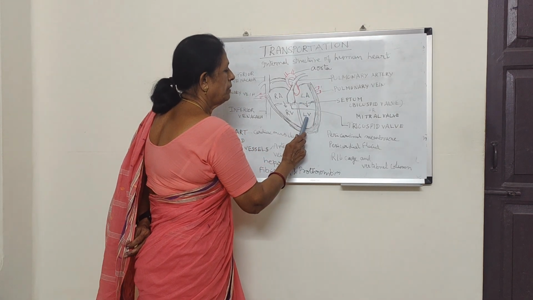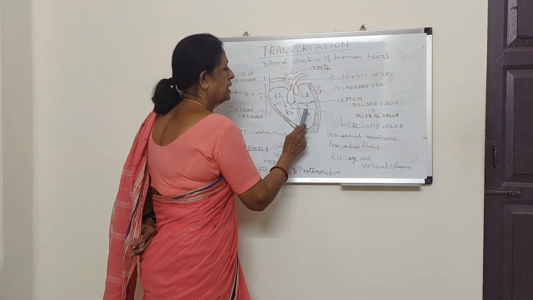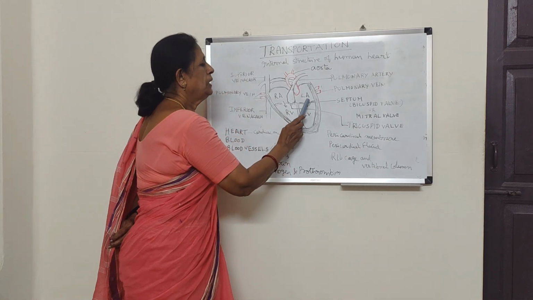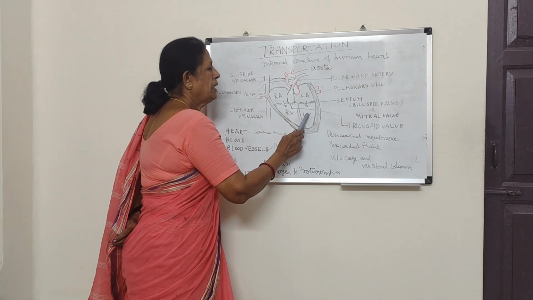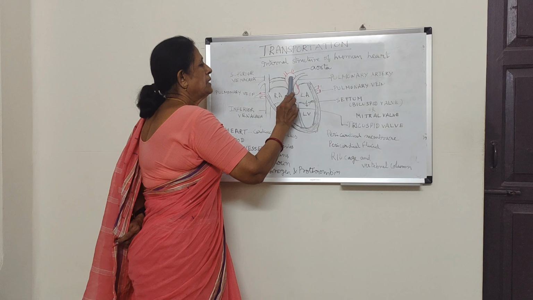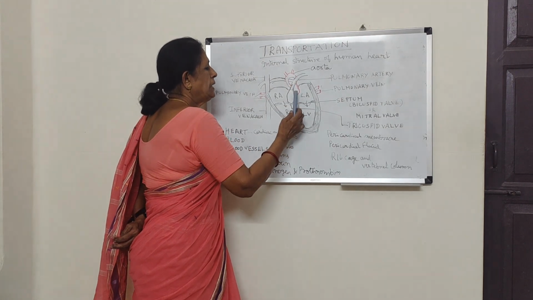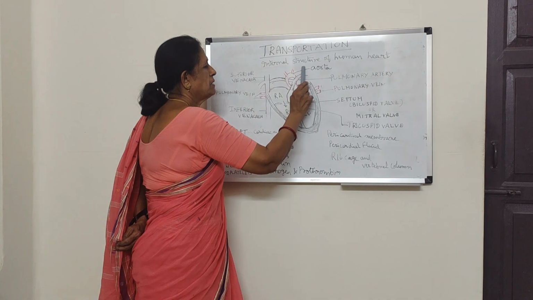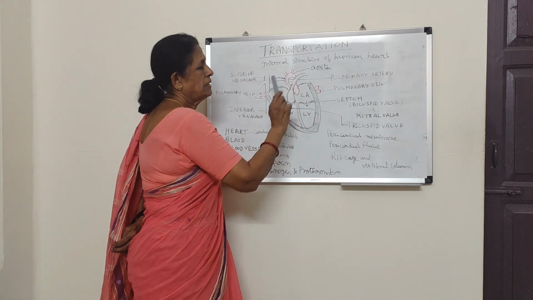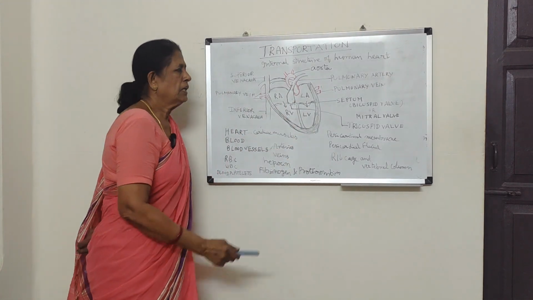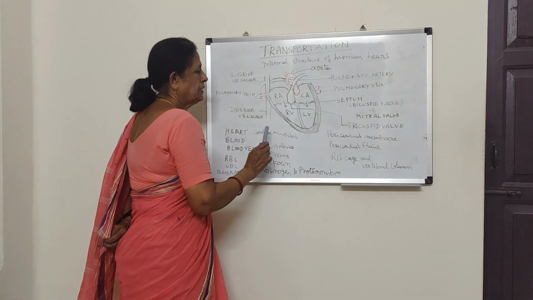From the left atrium, the blood goes to the left ventricle. There is no backward flow of blood, only unidirectional. From the left ventricle, the blood is collected by the aorta, the largest artery, and it supplies oxygenated blood to all the cells. So this is the circulation.